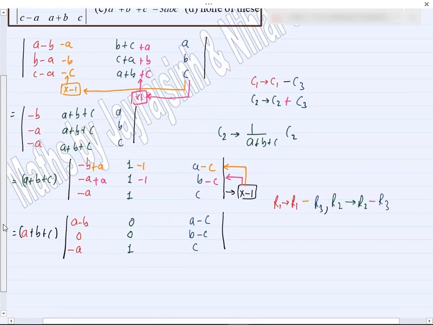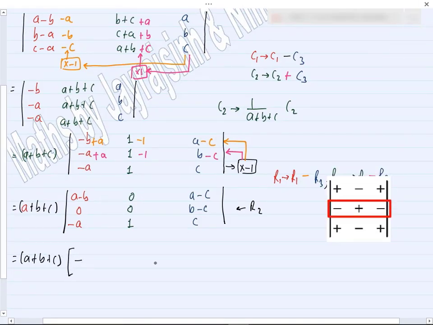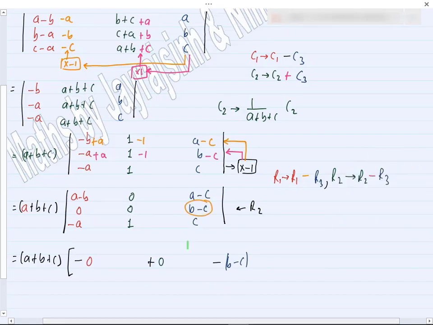Now we just have to expand the determinant with respect to the second row. This a plus b plus c will be as it is, and the signs of the second row are minus, plus and minus, and its elements are 0, 0 and b minus c. We don't have to worry about the minors of 0 and 0. We just have to find the minor of b minus c by ignoring its second row and its third column.